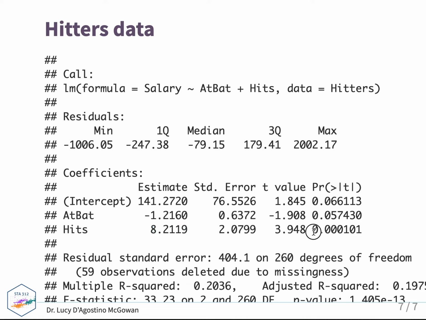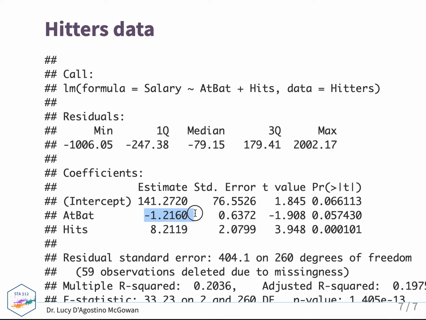That probability is 0.0001, so it's pretty small. If we were comparing this p-value to an alpha cutoff of 0.05, we would reject the null hypothesis that the beta coefficient is 0.